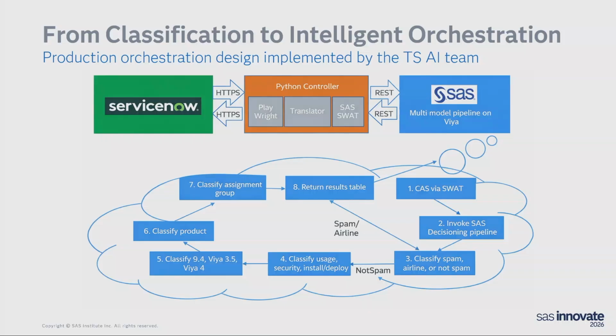This is just for my own education. What is Playwright that's referred to in the Python controller? This one? Okay. This is not my work, but I think my colleague wrote Python code to communicate with ServiceNow. It was HTTP to request all the emails from ServiceNow.